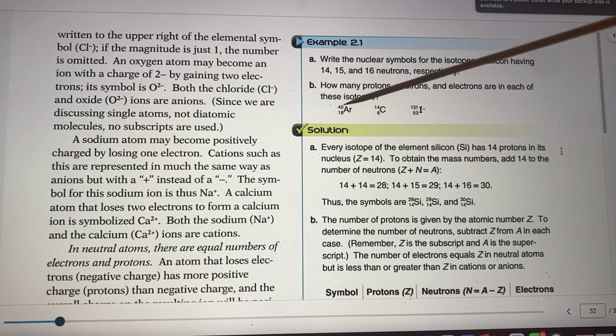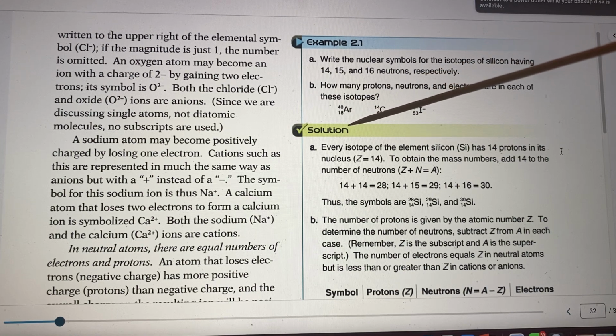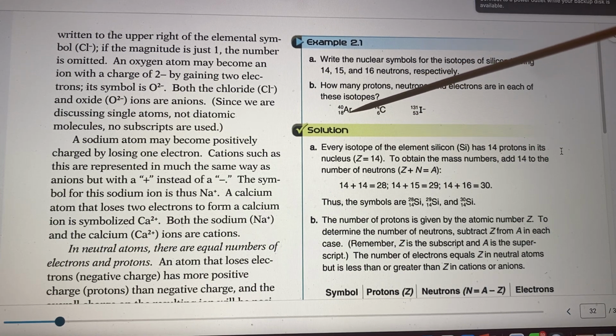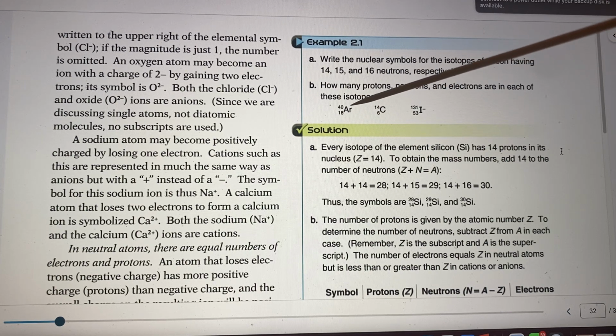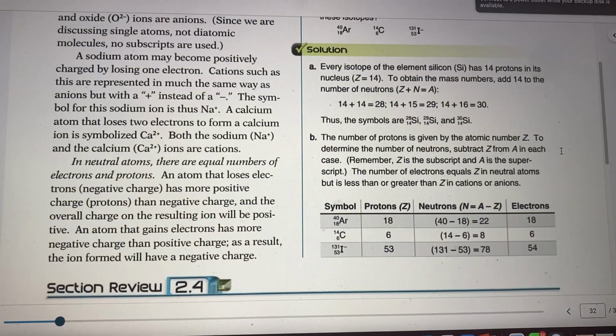And the mass number is 40. So how do we find the neutrons? You just subtract 40 minus 18, which equals 22. It will have 22 neutrons.